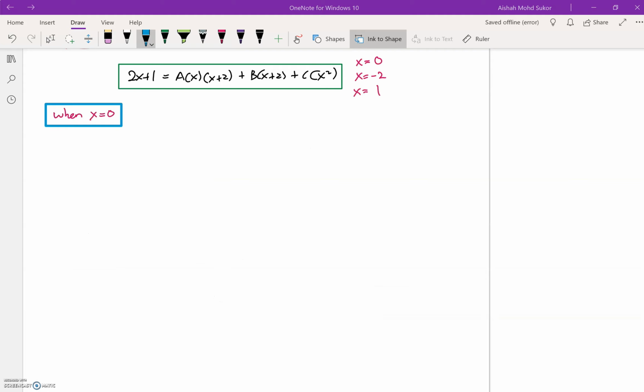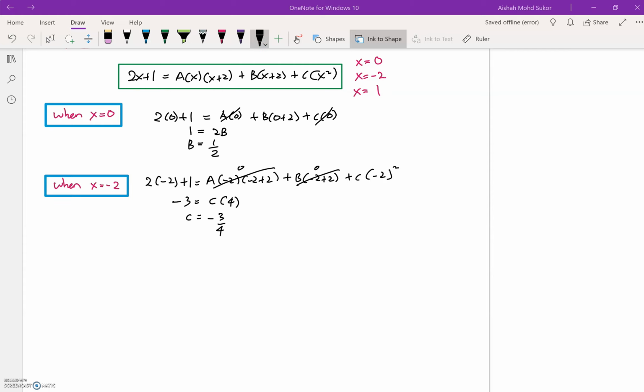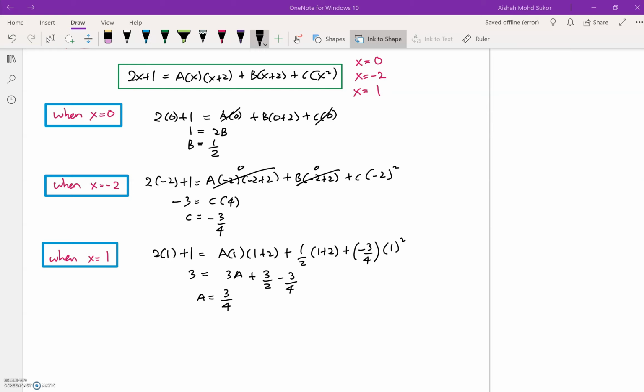When x equals 0, b is equal to 1 over 2. When x equals negative 2, c is equal to negative 3 over 4. And when x equals 1, a is equal to 3 over 4. This is the partial fractions.